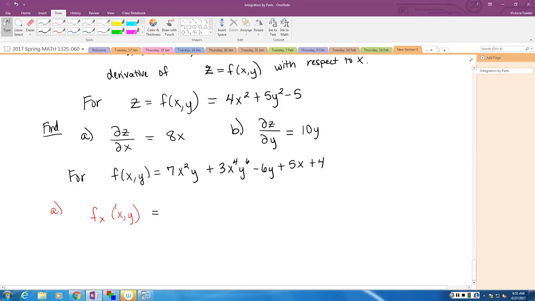Okay, so you move through and you say I'm going to treat x as a variable, y as a constant. So as I go from left to right, what will you have? 14x. What happens to the y? It's a constant. So what do you do with constants when you take a derivative? I've always said they go along for the ride, right? It's going to stay there. Okay, good. So I've got 14xy.